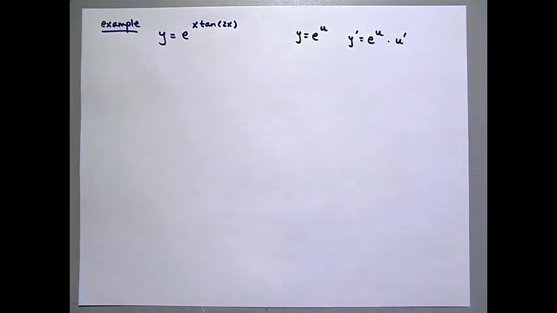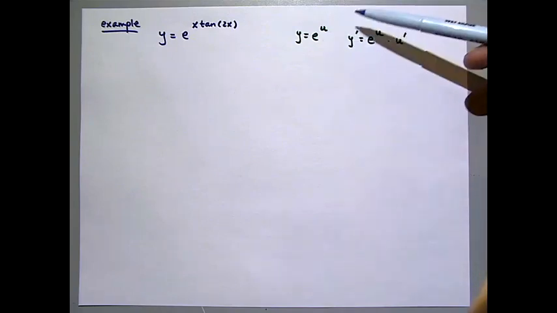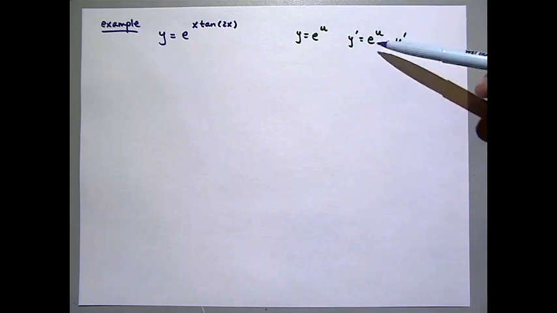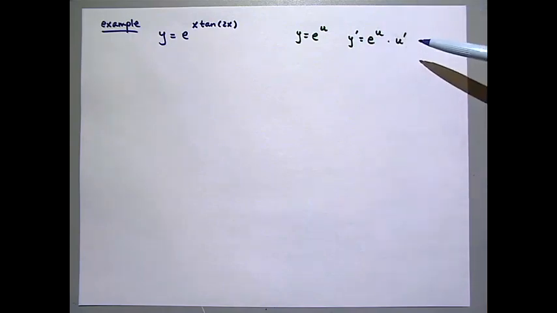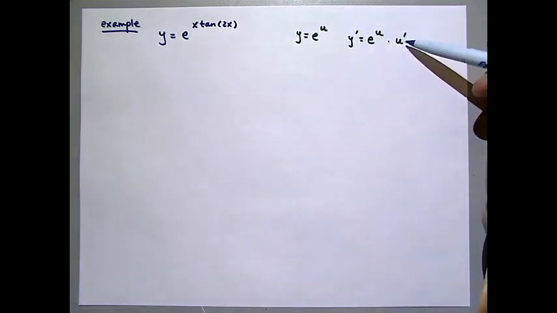You know how to deal with e to the something. You know how to deal with e to the x, so therefore you know how to deal with e to the u, because the rule is the same. It's still e to the same thing, derivative of that same thing. You modify all the basic derivatives you know exactly the same way. Just multiply by the u prime.